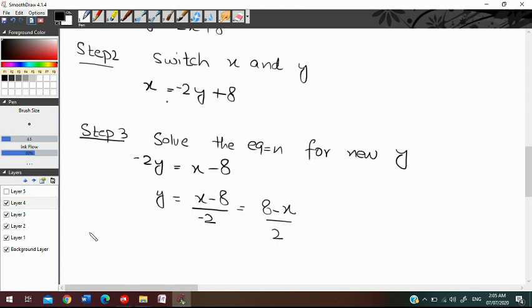And the last step, step 4: replace y with f inverse of x.